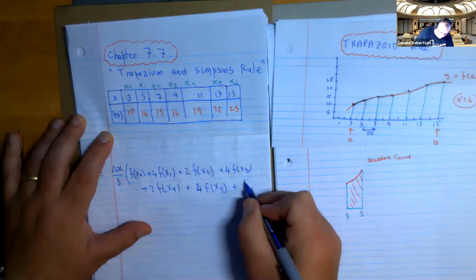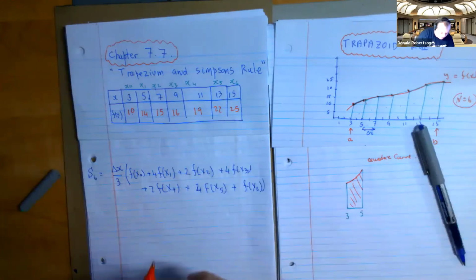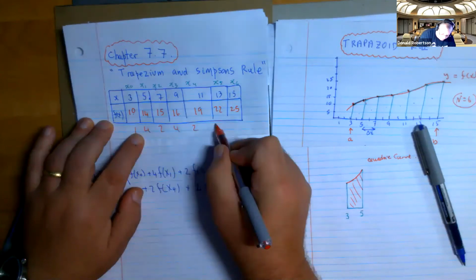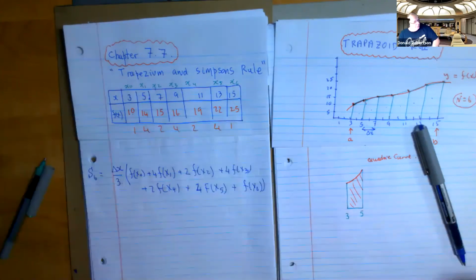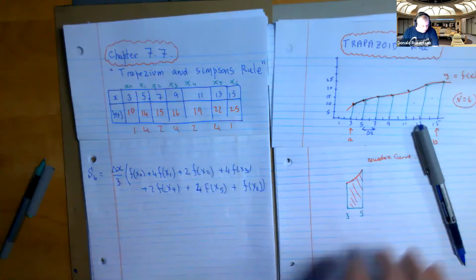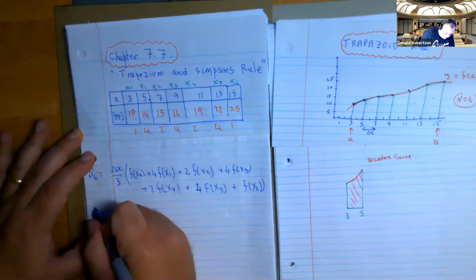And you finish with 1 times the last guy. So this is very often the 1, 4, 2 rule. Do you see it goes 1, 4, 2, 4, 2, 4, 2, finishing with a 1, right? And this is called Simpson's rule.